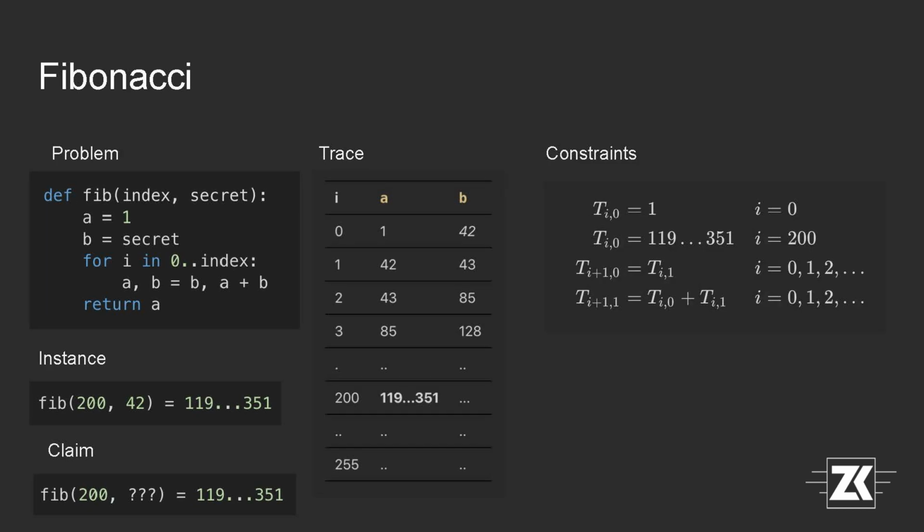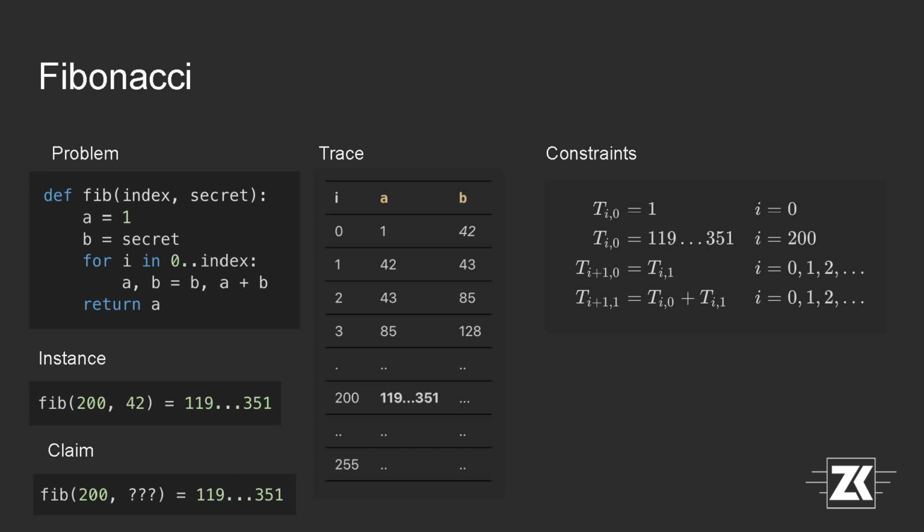We have some constraints that need to hold on this trace table for it to be valid. For this particular instance of the problem, we need the first value to be 1. So like t i, 0. This is the trace table as a matrix. I would mean the generic row, which in this case is 0. I've split this out, you'll soon find out why.